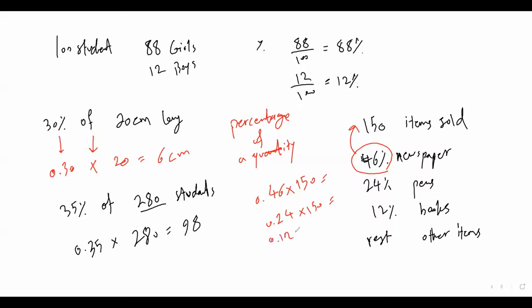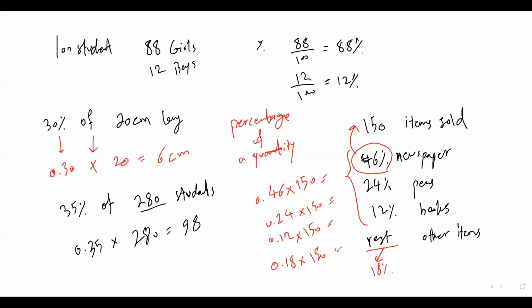And for the 12%, it's the same thing, 150. And the rest, you have to add up these numbers and see what's the remainder. If you subtract from 100, I believe it should be 18%. So this is 18% and 0.18 times 150.